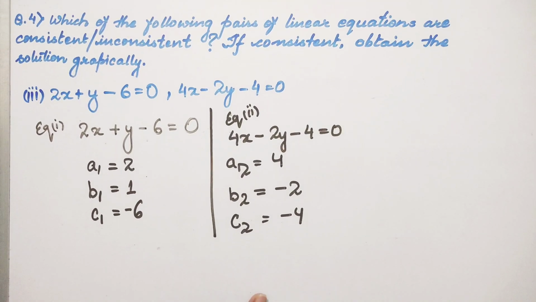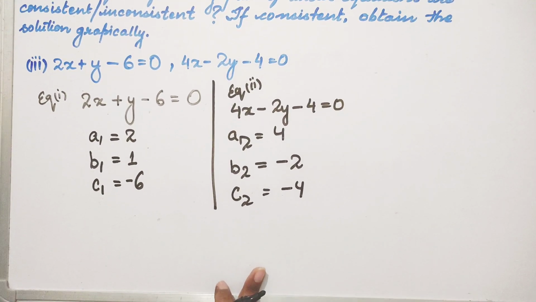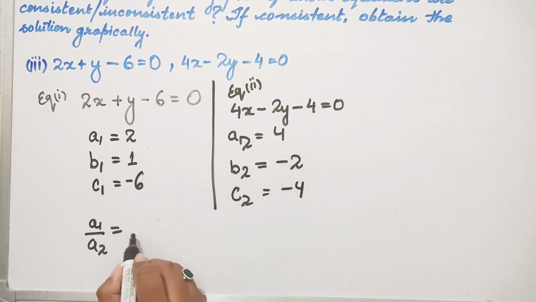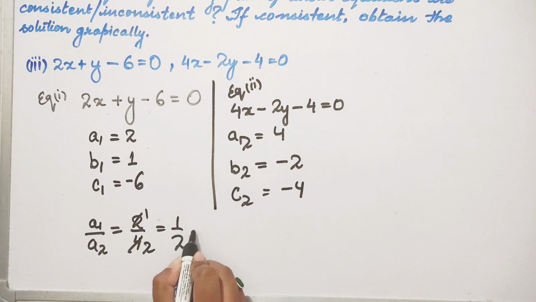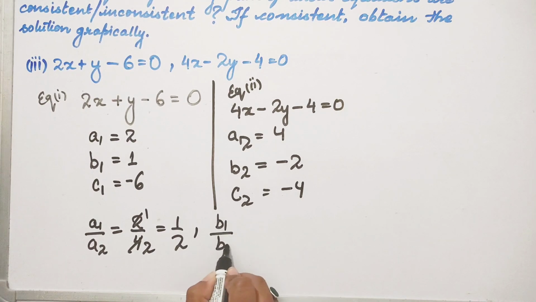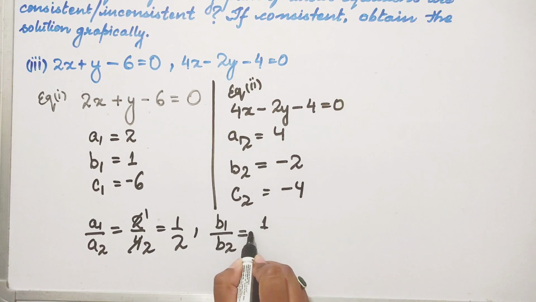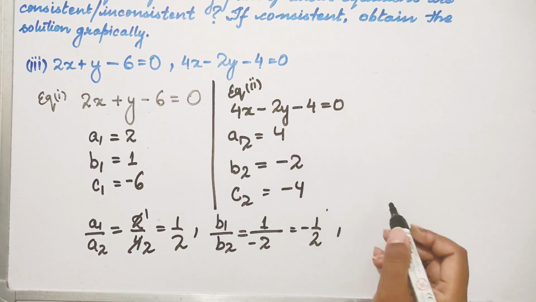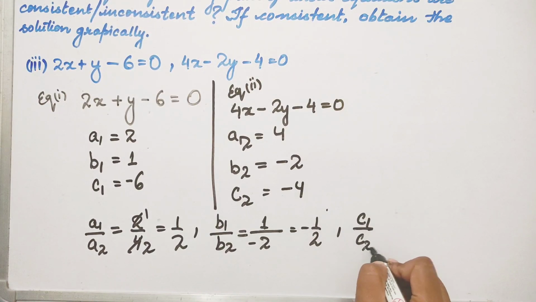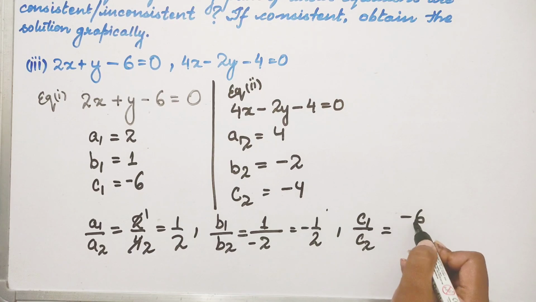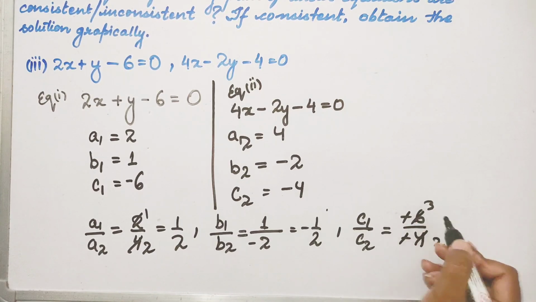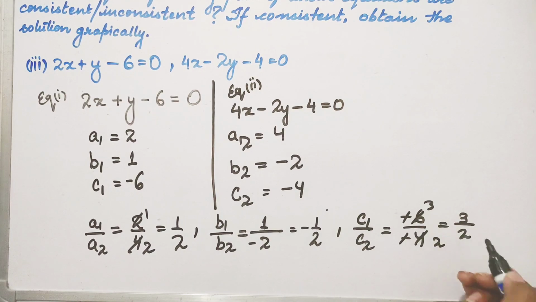Let us check with the condition. a1 by a2 will be 2 by 4, which is half. b1 by b2 will be 1 by minus 2, which is minus half, and c1 by c2 is minus 6 by minus 4, which is 3 by 2.